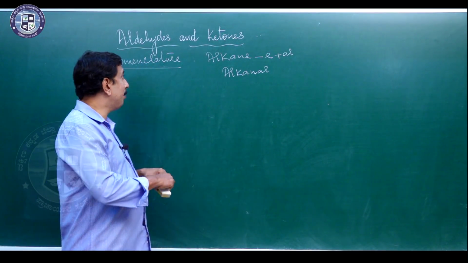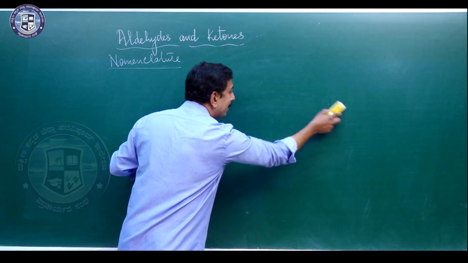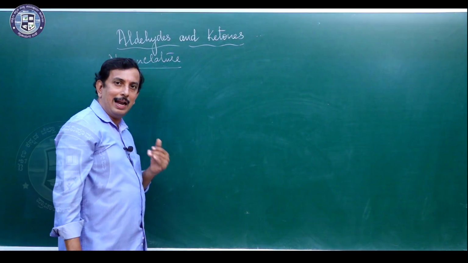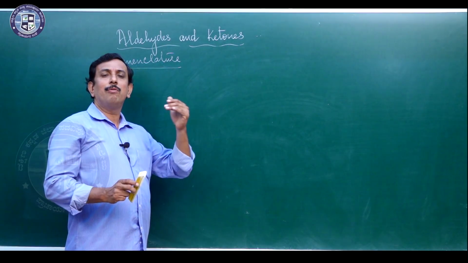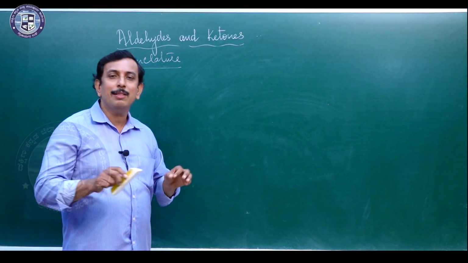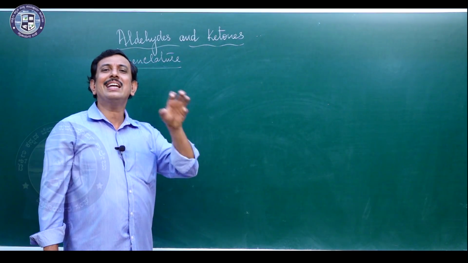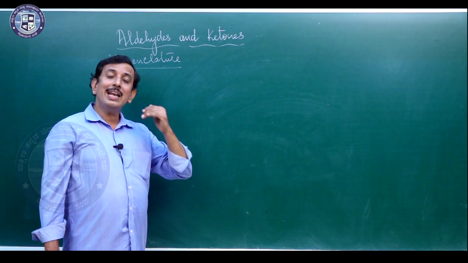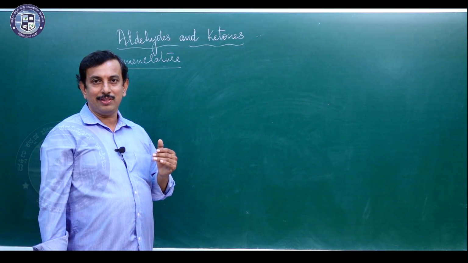So on these rules, let me give a few examples, because if you go for naming organic compounds like aldehydes, there are hundreds to thousands of examples, which we can't cover right now in this particular session. But we can give maximum importance to certain categories of aldehydes through which you can get some idea so that you can name the other aldehydes.